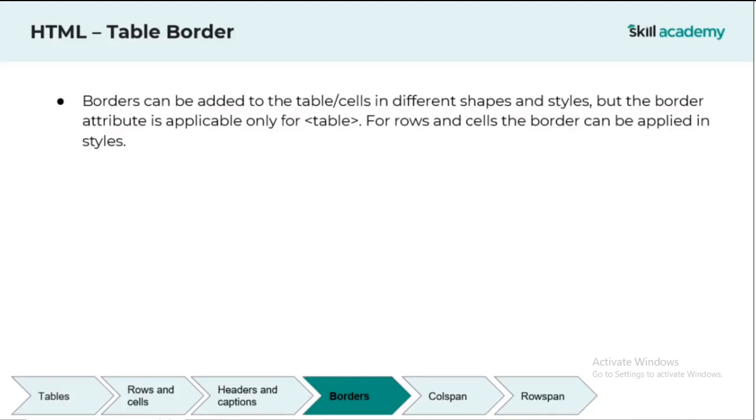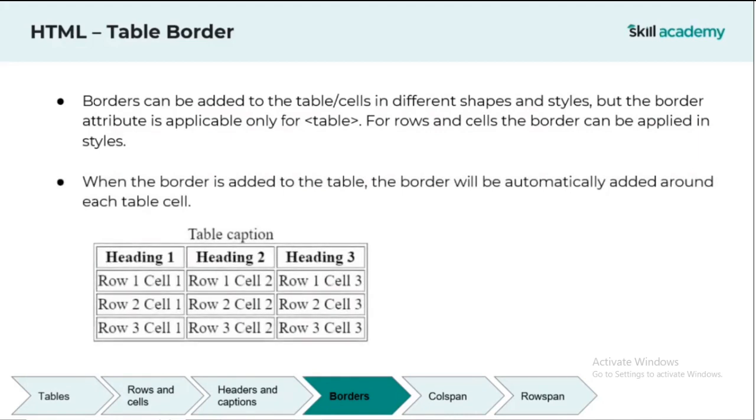But as of now, if you want to add a border to your table, you can use an attribute named as border, and you can use that attribute border only in table tag. And the moment when you use that border attribute, your table will look like this. So when the border is added to the table, the border will be automatically added around each table cell.